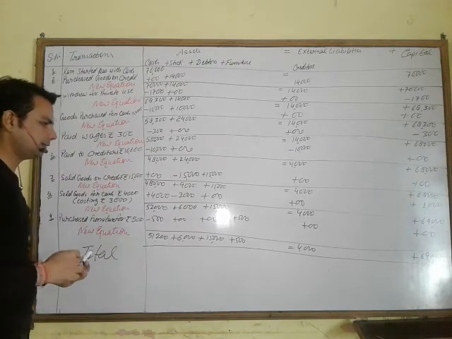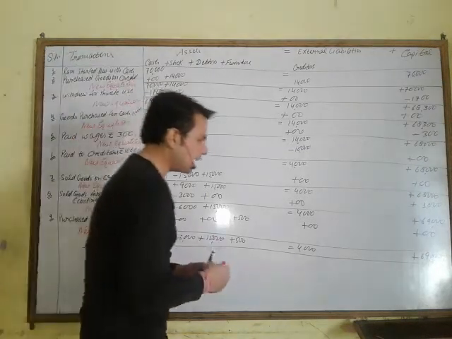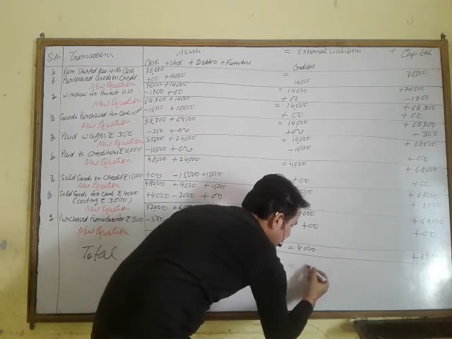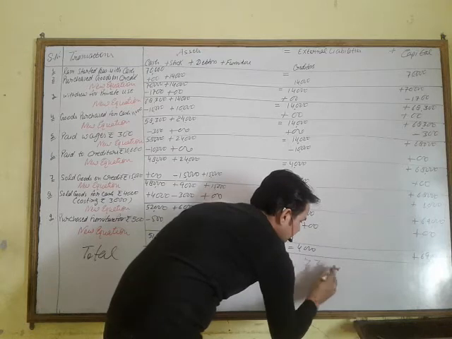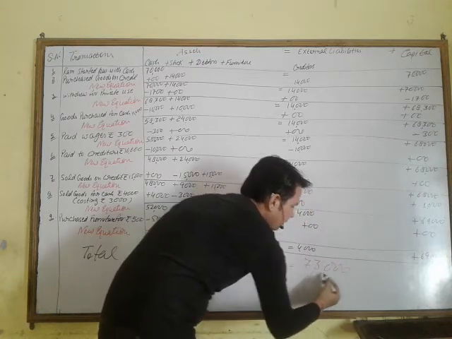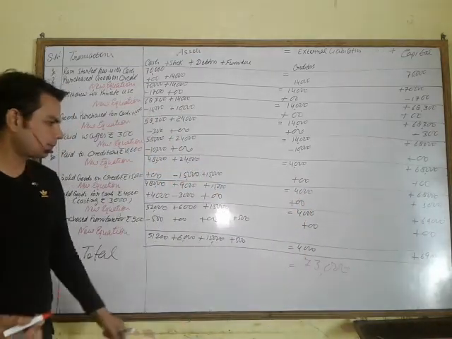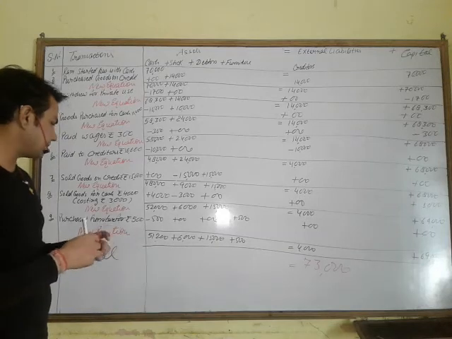The total of the liability side is 73,000. Now do the total of asset side.